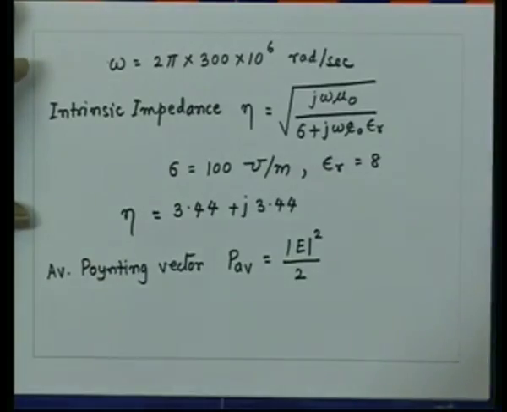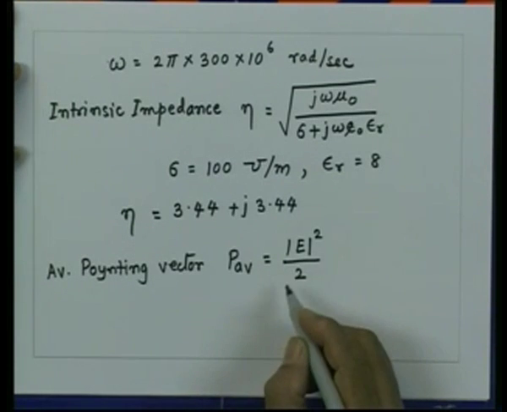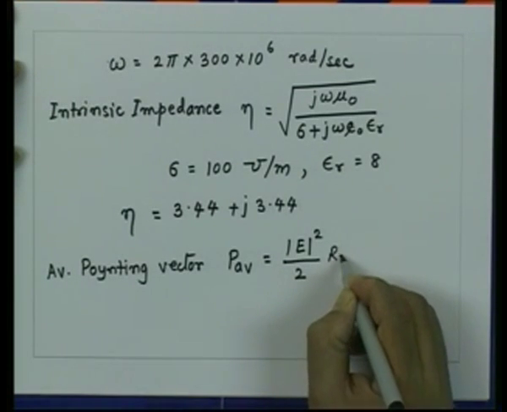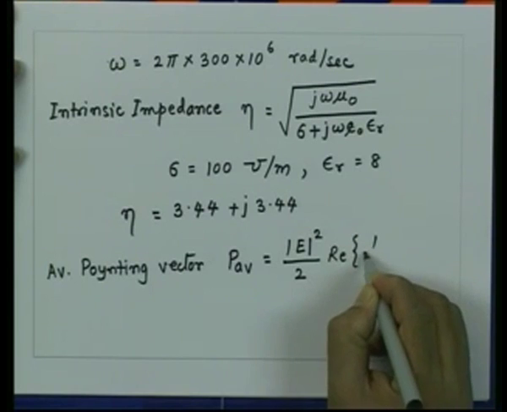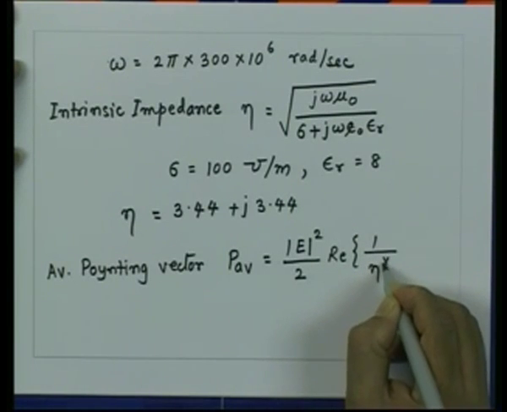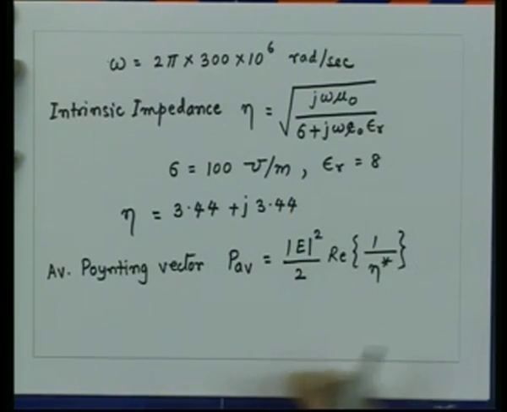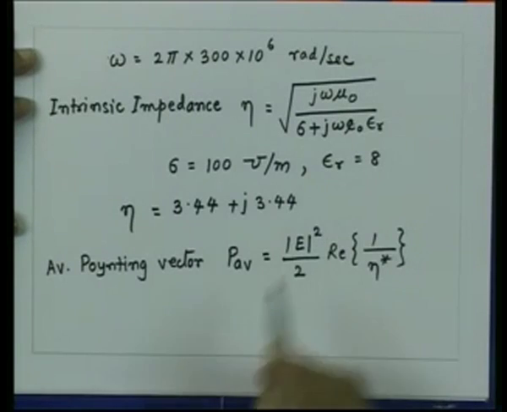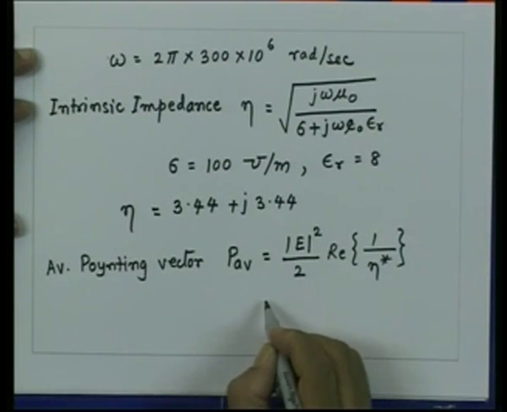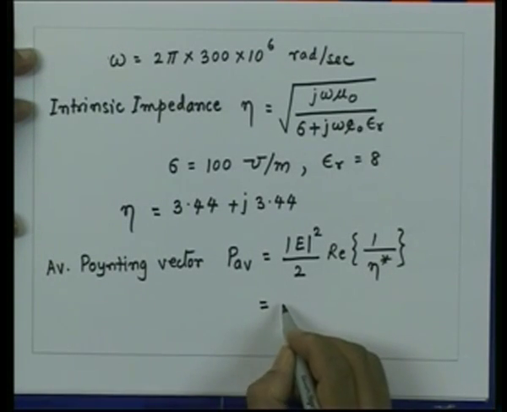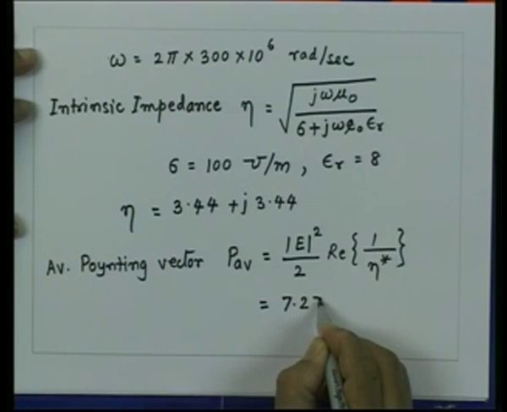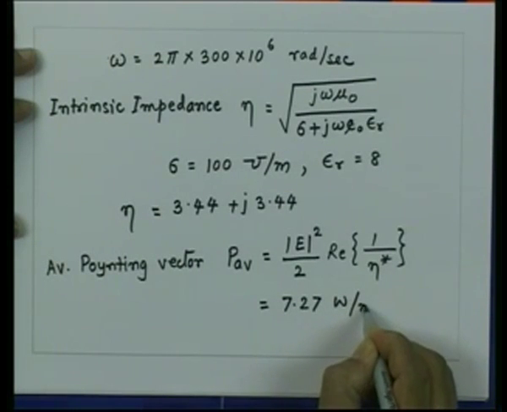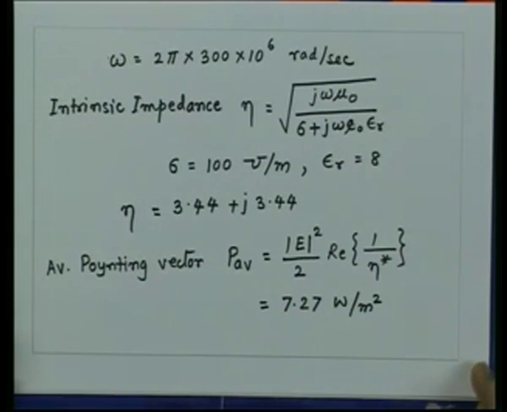So, this factor of 2 will come because of the RMS power. This is the real part of 1 upon eta conjugate. Substituting now for eta from here and the electric field, which is 10 volts per meter peak amplitude, we get the power density, which is 7.27 watts per meter square.